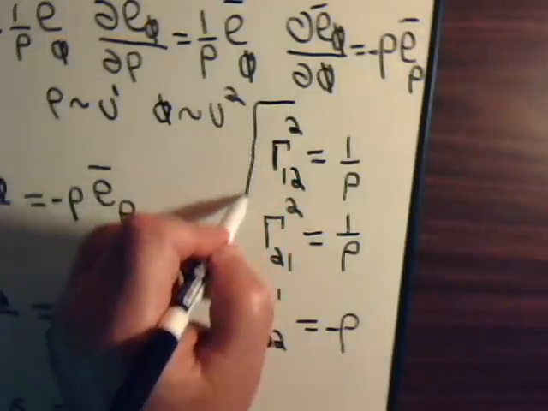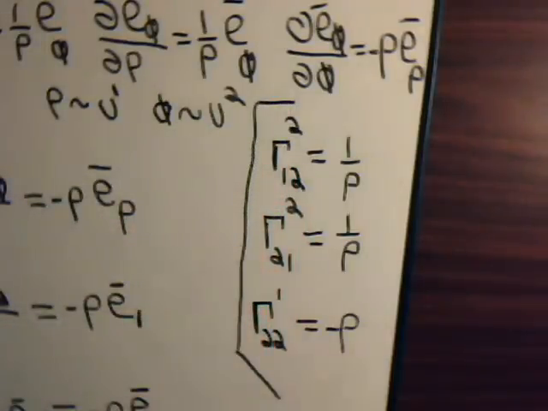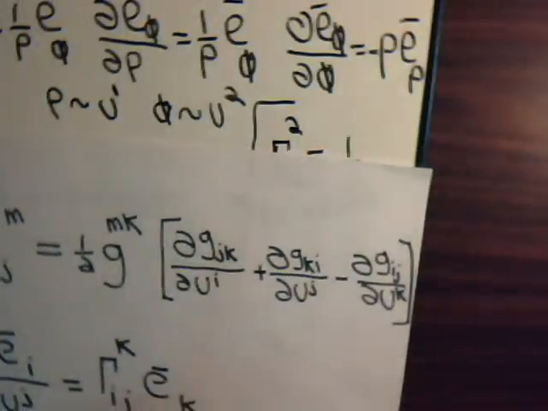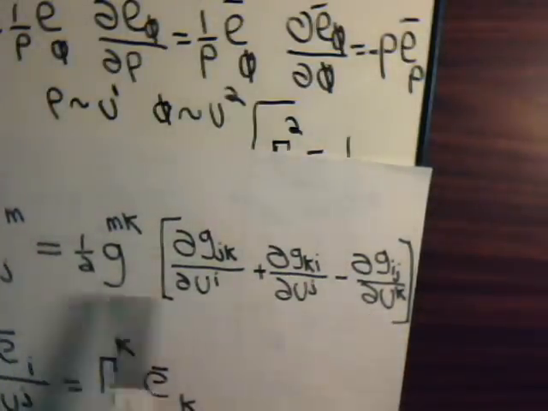So here then are Christoffel symbols for cylindrical coordinates. There are 3 of them, the rest would be 0. So that's it for this video. What we'll do in the next video is again determine these only using this equation.